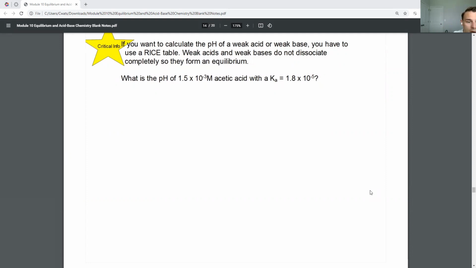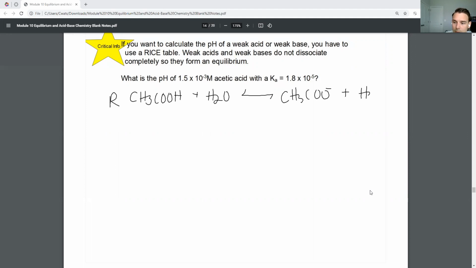So we'll start with our R, acetic acid. At equilibrium, so this was my initial concentration.